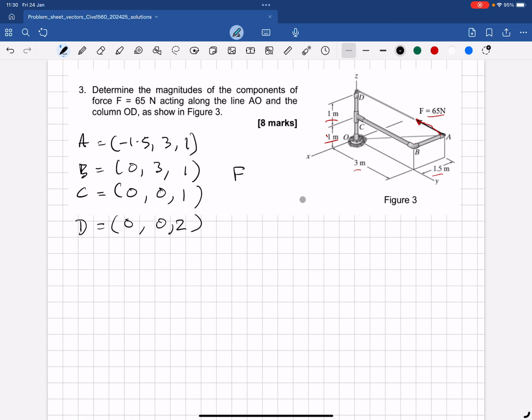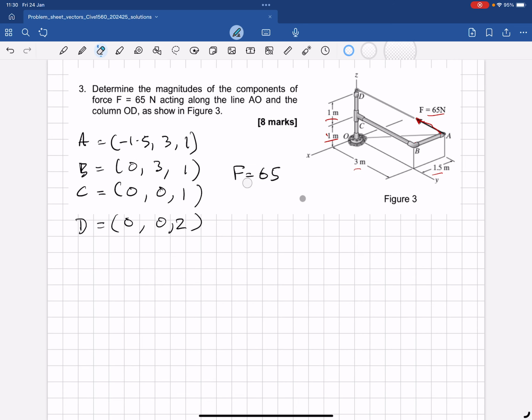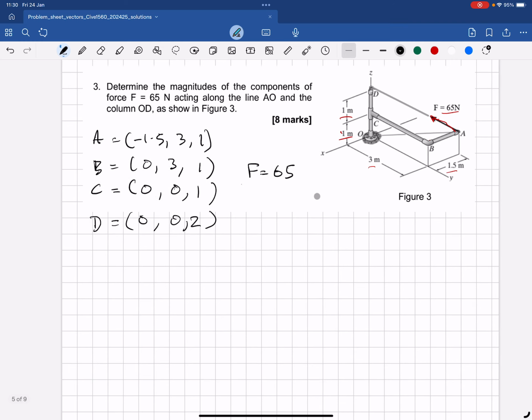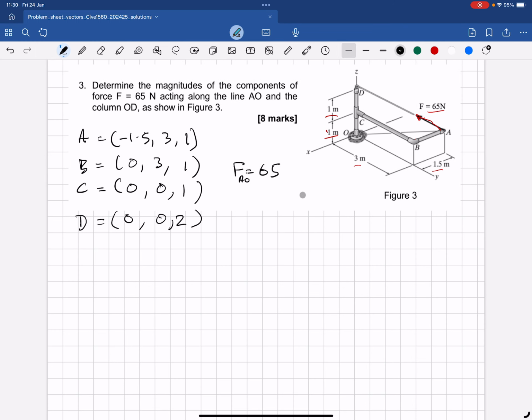Remember that F is equal to 65 along a line AC. Sorry, not AC. Remember, looking at the diagram properly, along the line AO. But this is not correct either.